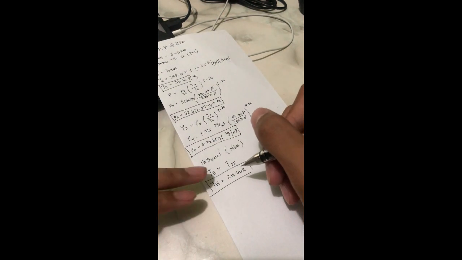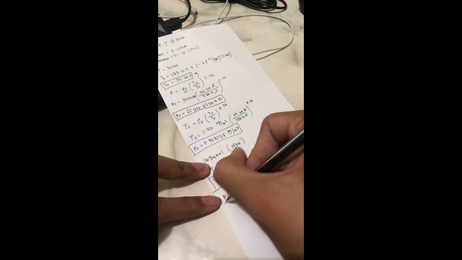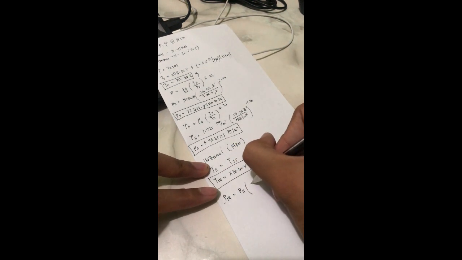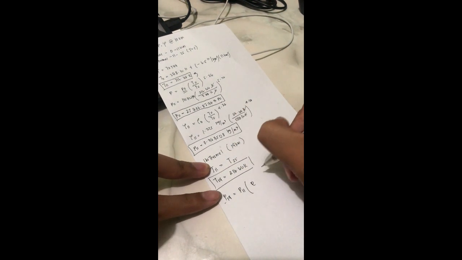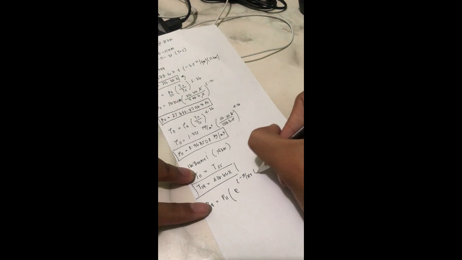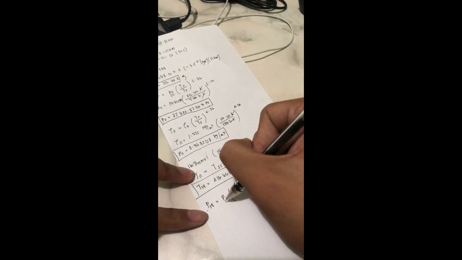Now, our formula for the pressure is pressure at 14 is equal to P11 multiplied by e raised to negative g over RT, times the change in height. So we already have P11.